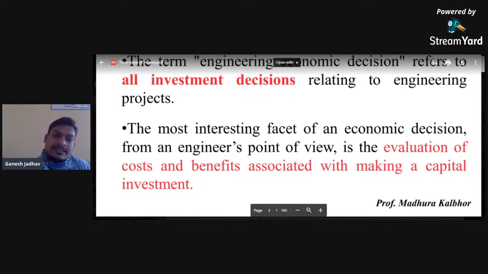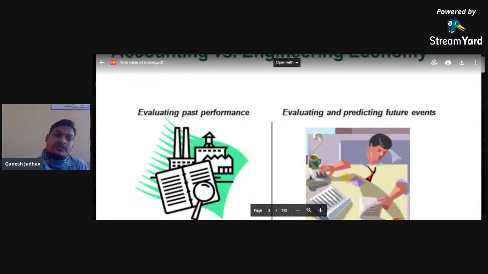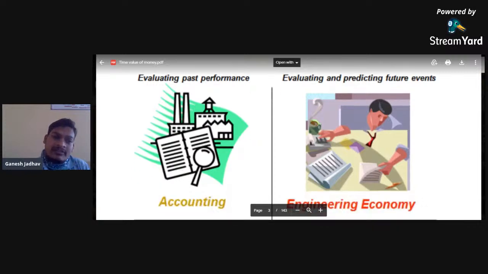Then we have accounting versus engineering economics. We invest some money in a project, and we also require the accounting and management sections. Accounting is evaluating the past performance, meaning past transactions. But engineering economics is the future. Engineering economics is evaluating the future, predicting future events, but accounting is evaluating past performance.